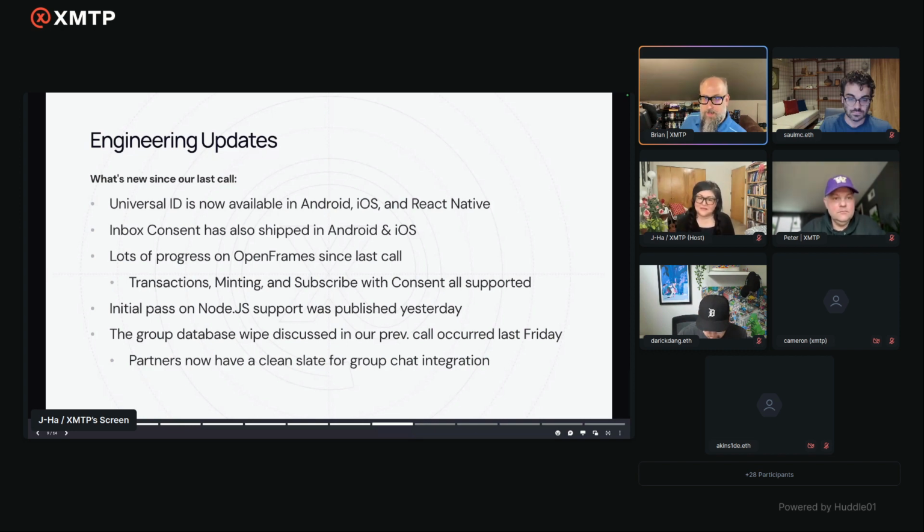But transactions, minting, and subscribe with consent are all now supported there. As of yesterday, we also completed our initial pass on Node.js support, which we talked about in our last call. Also discussed in our last call was a group database wipe that was upcoming, which has now happened. It happened last Friday. So partners, you now have a clean slate for group chat integration.